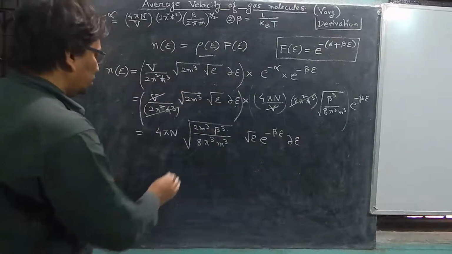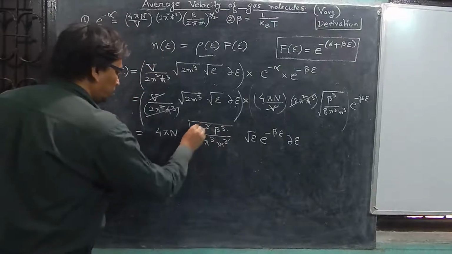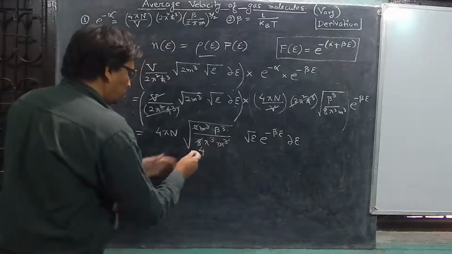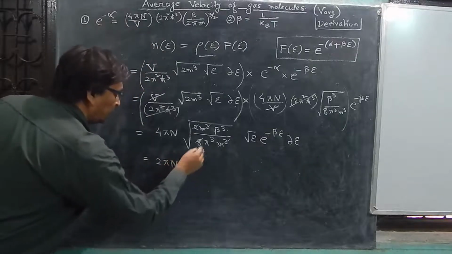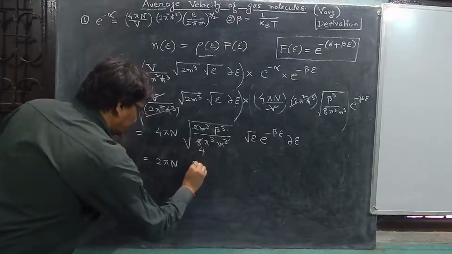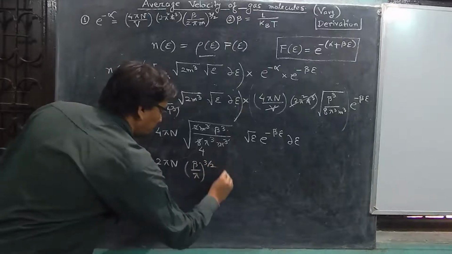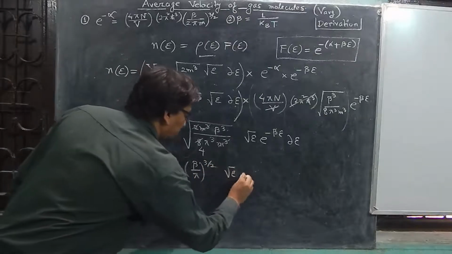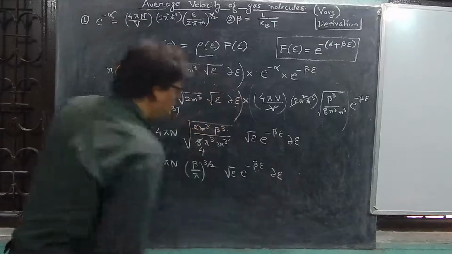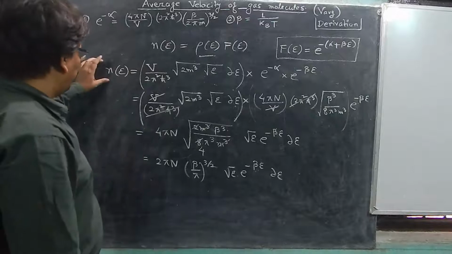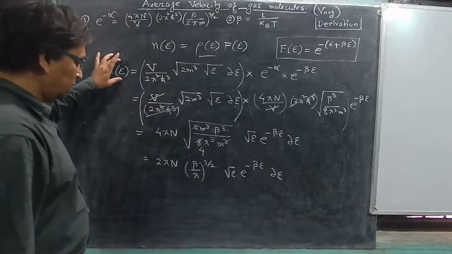Now m cube cancels, and 2 with 2 gives 4, and the root of 4 is 2. So this will be 2 pi n, beta by pi whole to the power 3 by 2, root epsilon e to the power minus beta epsilon and del epsilon.